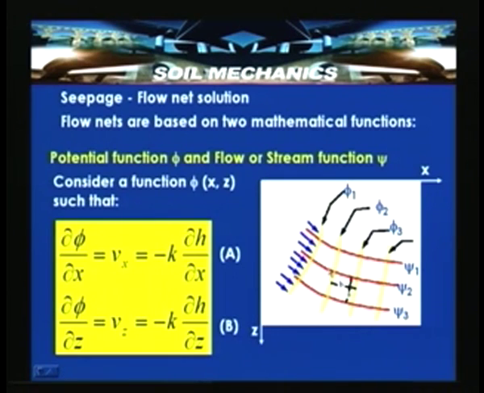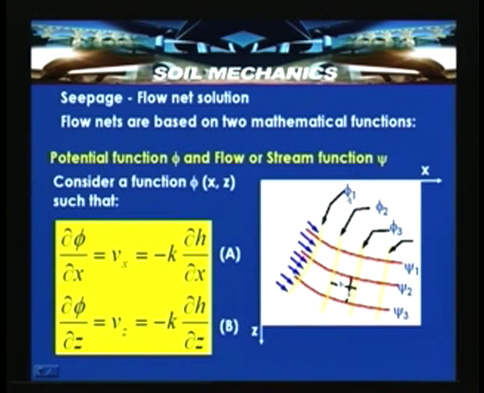The space between any two streamlines or flow lines is called a flow channel. Here the distance between two flow lines is A and the length of the flow line here is B. The ratio of A to B is defined as the aspect ratio.